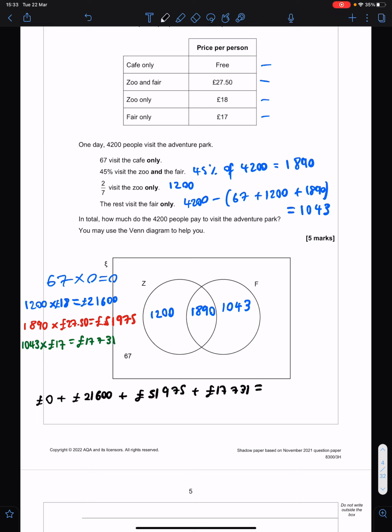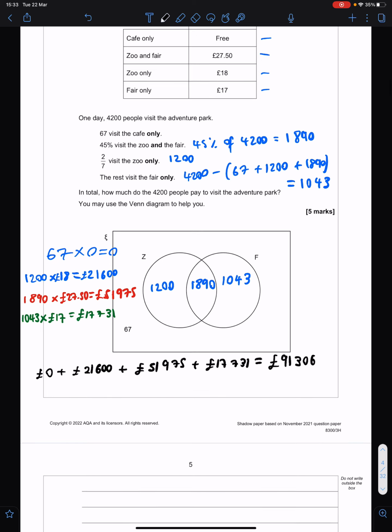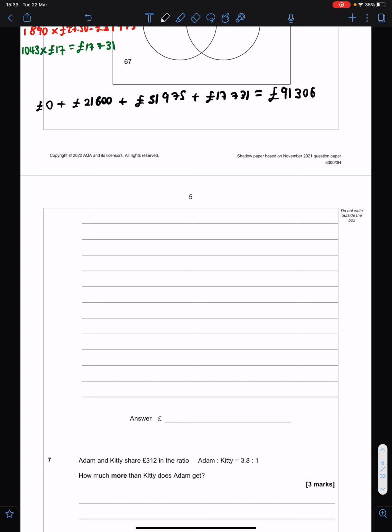And what does that give us? Just going to use a calculator because we can. 21,600 plus 51,975 plus 17,731 is going to give me £91,306. So £91,306 is the amount of money that was made on that one day. Cool.